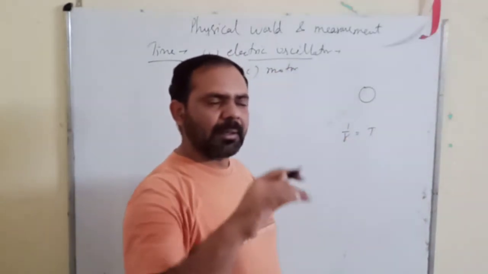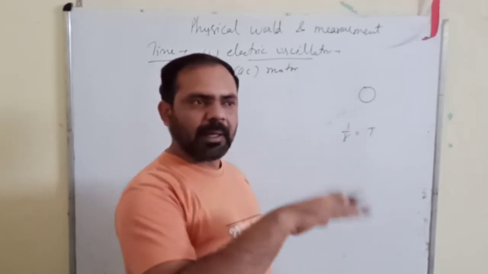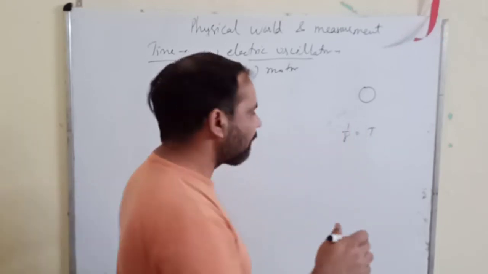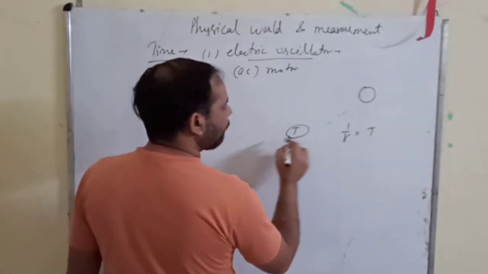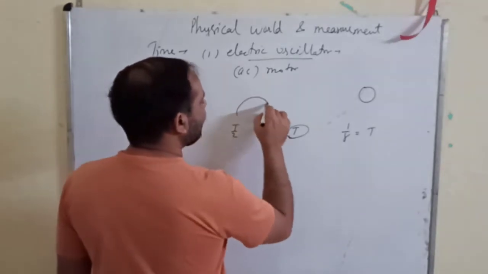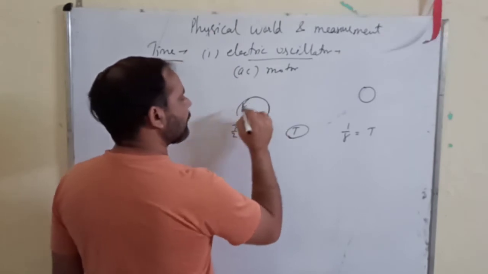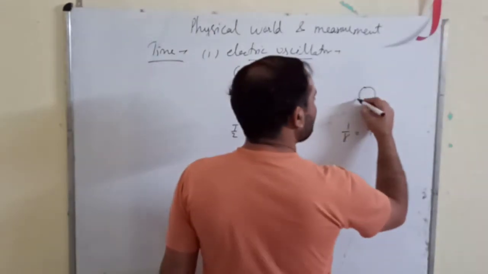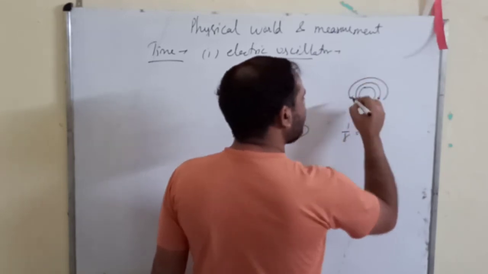Alternating current changes its magnitude and its direction with time. Suppose T is the time period of the alternating current. Then for T/2 the current will move in this way, and for the next T/2 it will move in the opposite direction. So this motor for some time will move like this, and for the rest of the half time it will move like this.